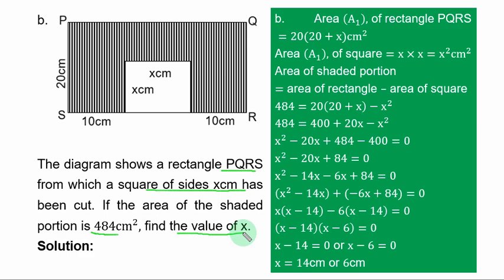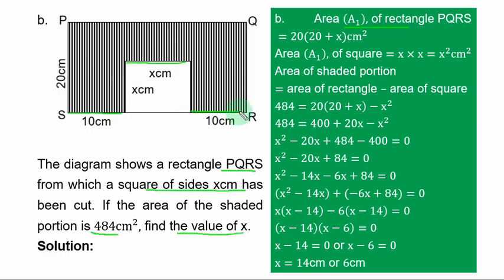So let's take area A1, that is for the rectangle. Here you have length times breadth. Now the length is from here to here, that is 10. From here to here is S, and from here to here is another 10.